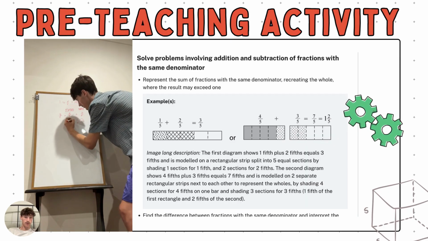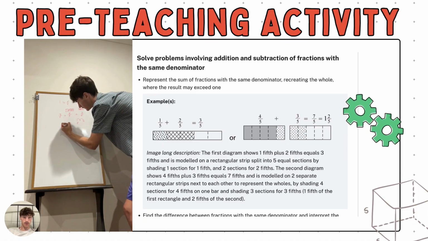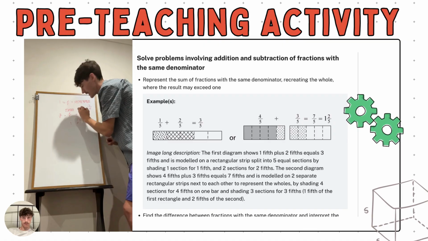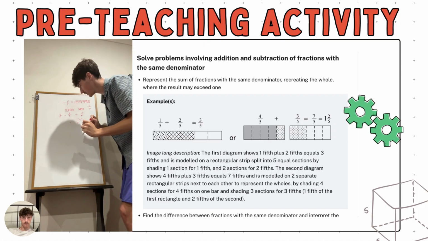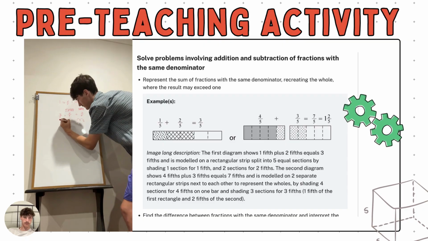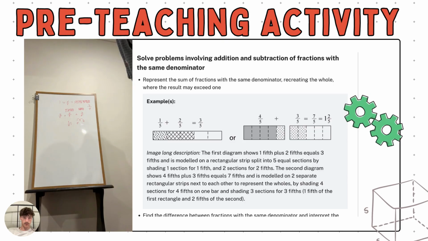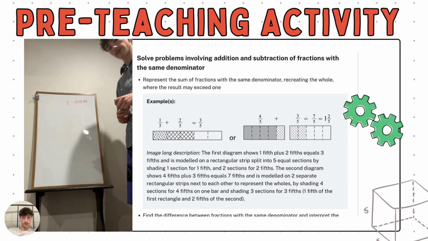So we have a full row there, which means a full row is also equal to 1. But then we have that one little bit left over, which has to start a new row of chocolate, doesn't it? So that becomes 1 out of 4.